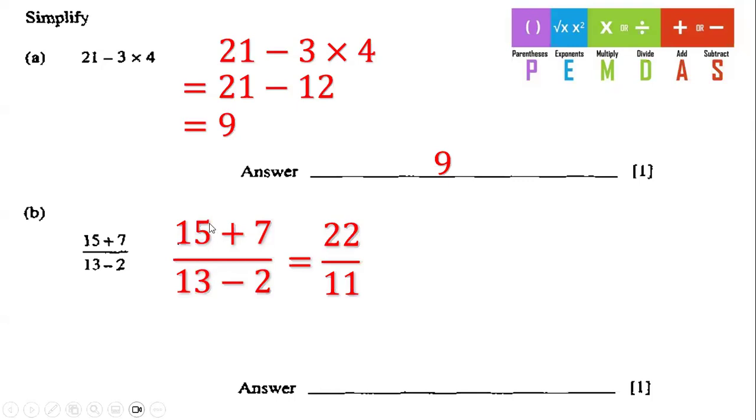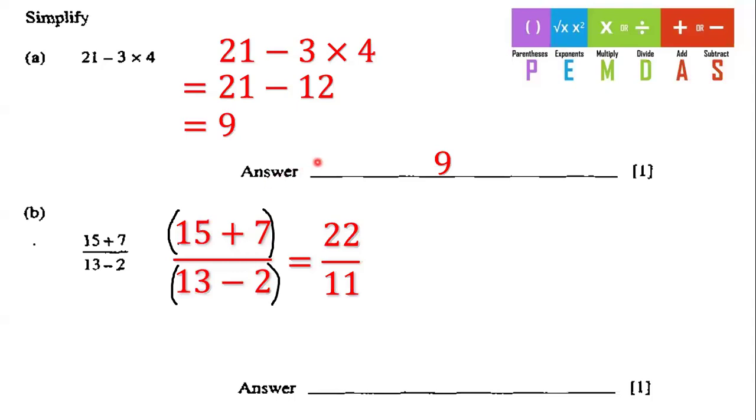With this one, how they are one on top of the other, it doesn't matter which one you do first, because what's really happening, even though they didn't put the brackets, is that this one is in brackets and this one is in brackets because they are fractions, right? So you could do both of them and it doesn't matter, right? You could do this one first and you still get 22 over 11, regardless of which one you do first.